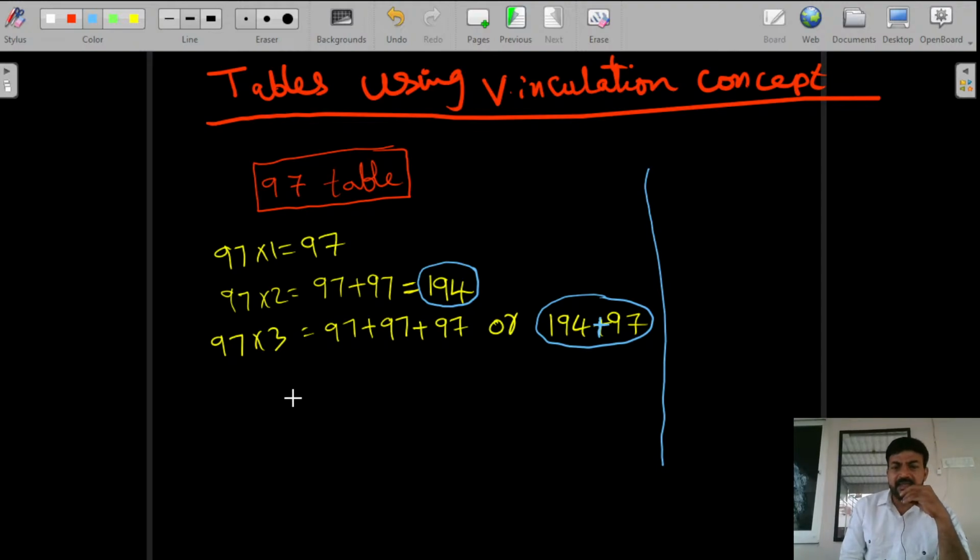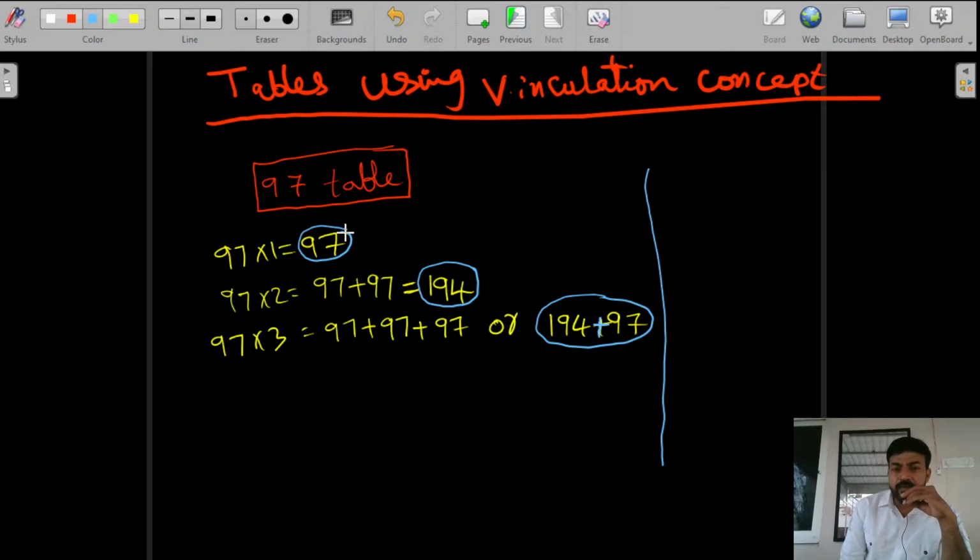It is difficult adding 97 every time. That is difficult. So 97 is a number which has higher digits, right?